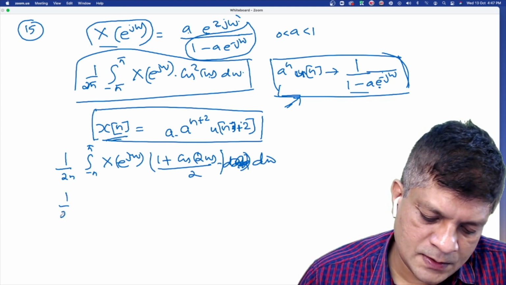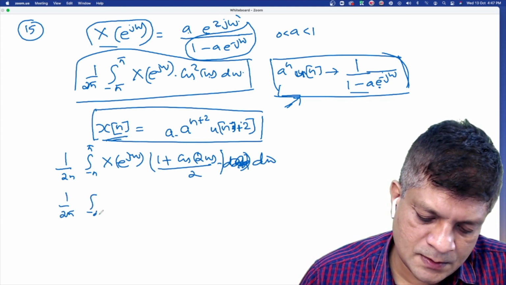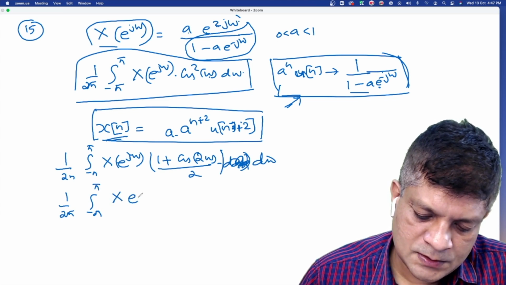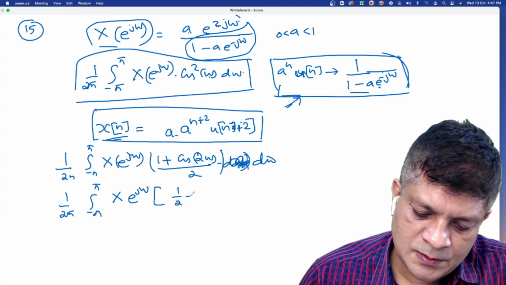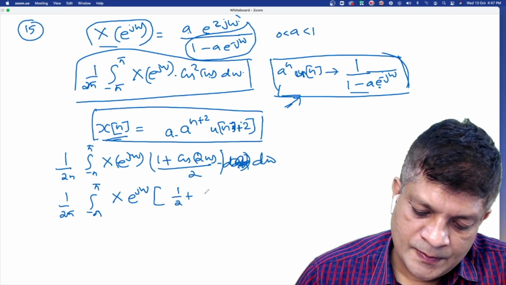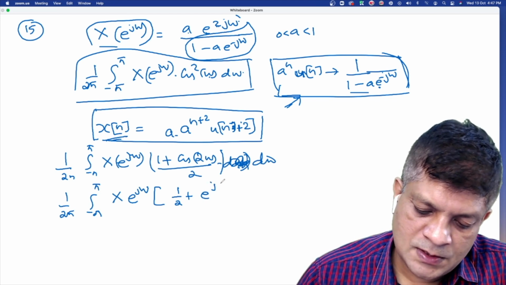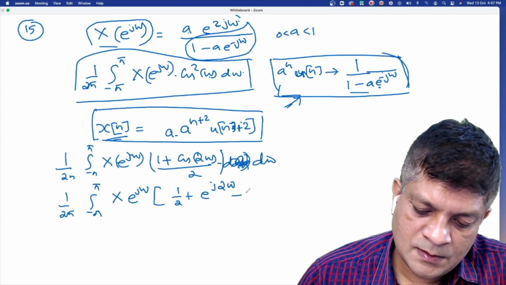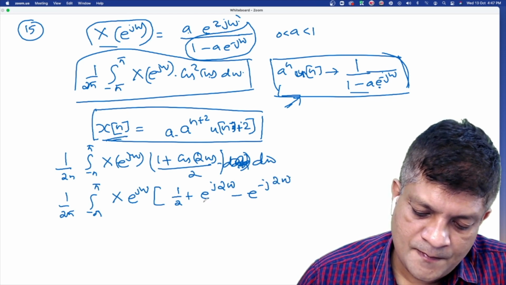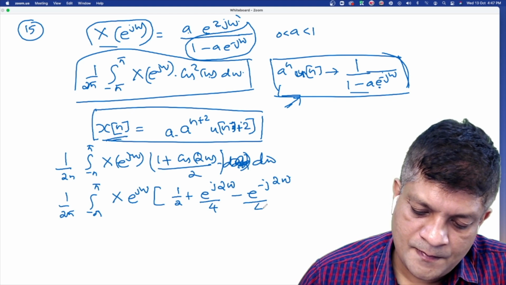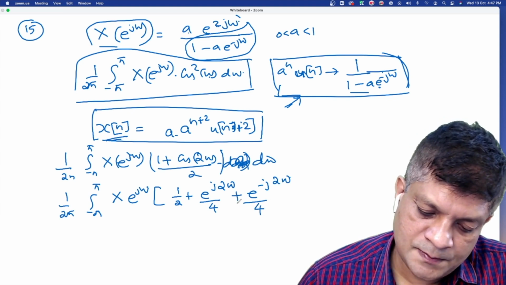So can we write it as 1 upon 2 pi integral from minus pi to pi of X of e to the power j omega into 1 by 2 plus e to the power j 2 omega by 4 plus e to the power minus j 2 omega by 4, d omega?